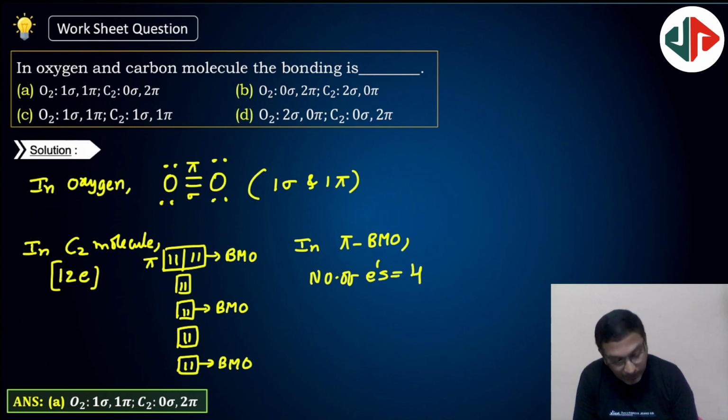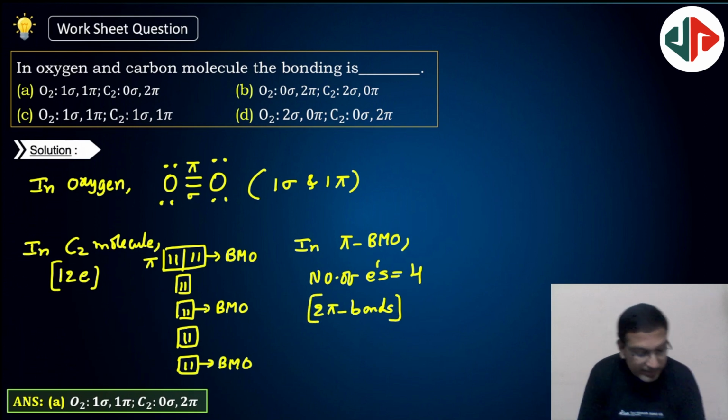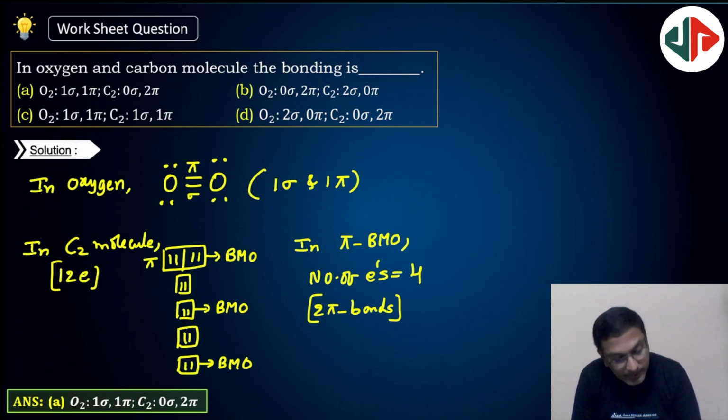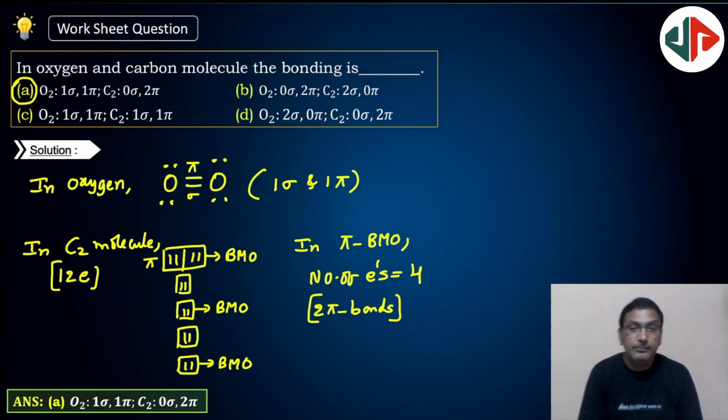There will be formation of 2 pi bonds. Therefore in C2, 2 pi bonds are present. Therefore option A. In pi bonding molecular orbital, 4 electrons means they can form 2 pi bonds.